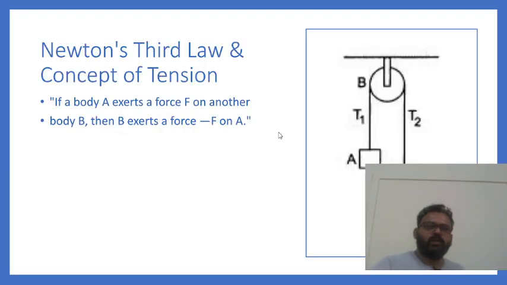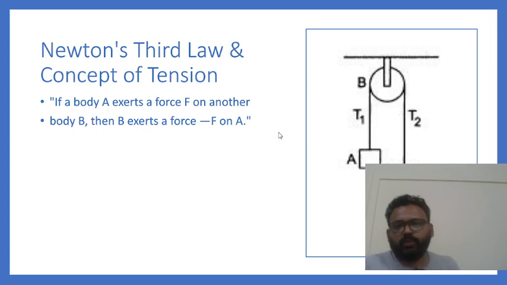Okay, now let's get to Newton's third law and the concept of tension. Now this is the pulley. Pulley problems are very frequent in exams. So unless and until the mass of the pulley or anything related to the pulley is stated, consider the pulley massless and frictionless.